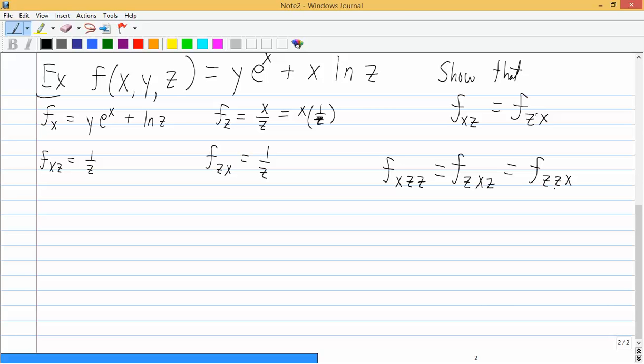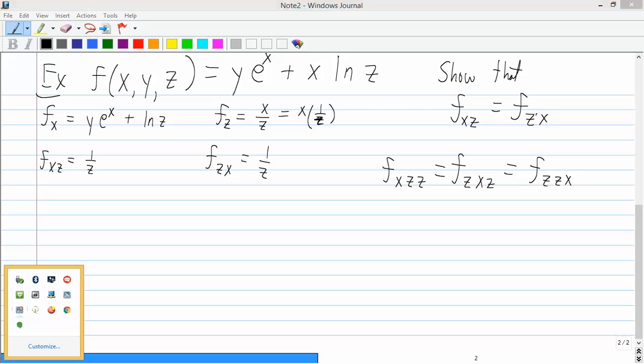It should be equal to every type of combination of these three. These are third partial derivatives. We have 9 third partial derivatives. We're only going to find these 3. But of course, you may have to find some of the second partial derivatives we haven't found already in order to find these. So I want you to take a minute and do that and see if those 3 are equal.